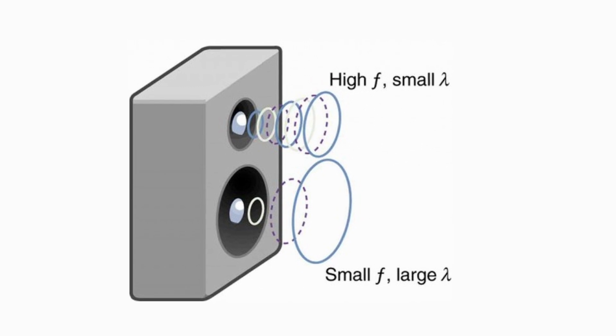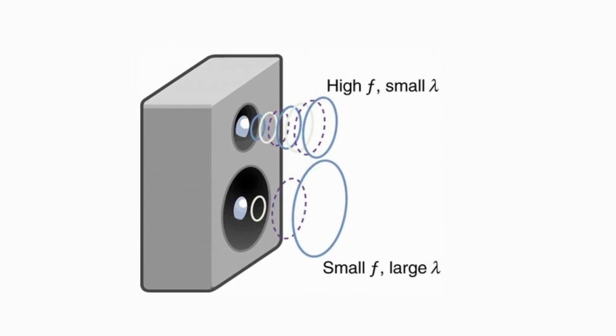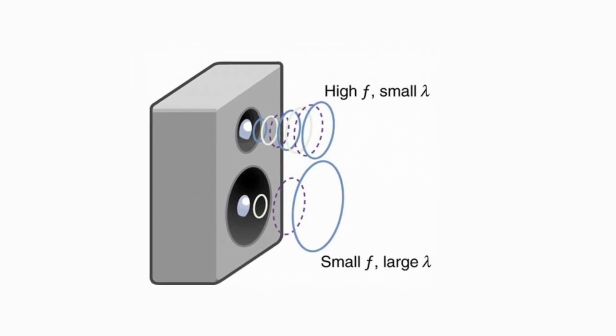Low frequencies have longer wavelengths, and that means you need a bigger speaker to be able to project them. So it is very important for you to understand all those parameters, frequency, wavelength, and amplitude, as a sound engineer, because that will determine how safe your sound is, how good your sound will be, and how your audience will enjoy it.